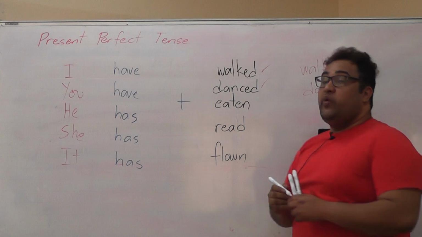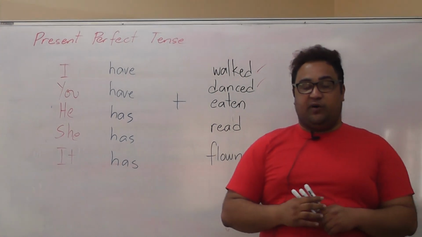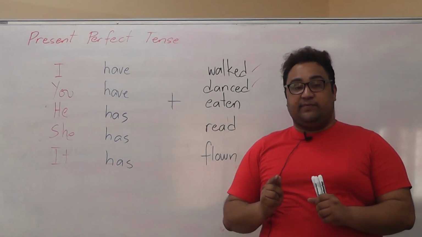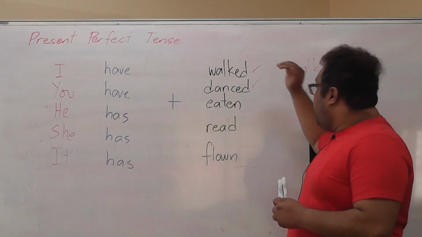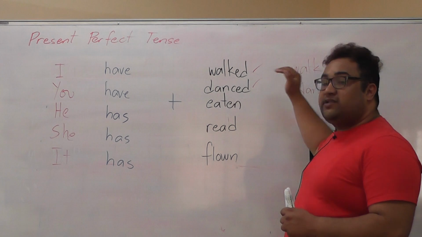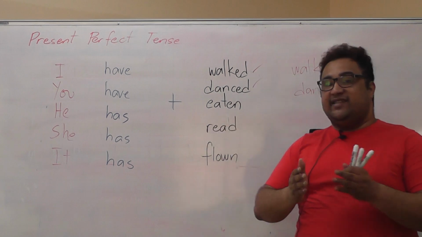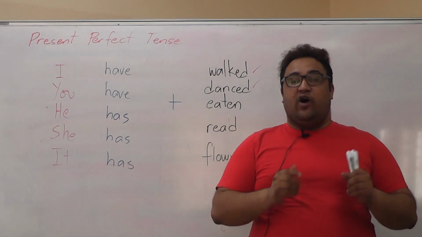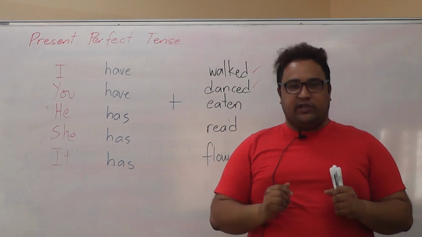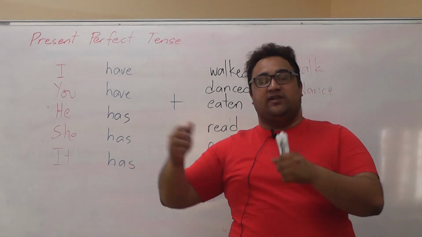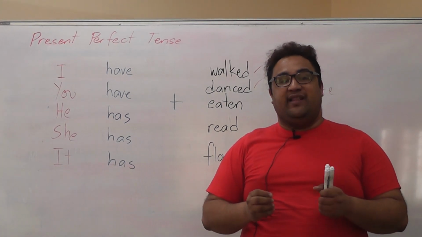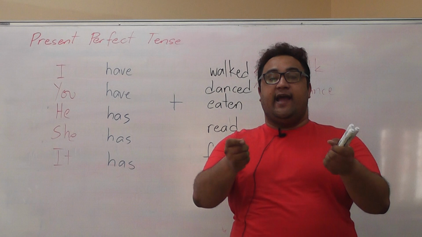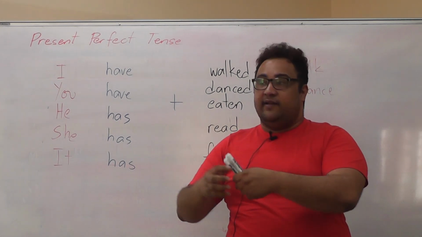But since we are talking about the past participle, we have to take note that the past participle of the regular verbs walk and dance are walked and danced. So that is walk, the base form, walked, which is the past, and walked, which is the past participle. The same is true with dance. So that is dance, danced, danced.